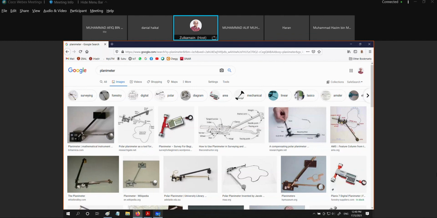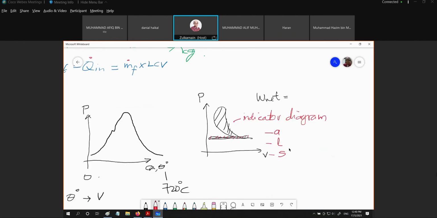From this A value and L value, the A value is usually in millimeter squared, the L usually in millimeter, and the S is usually in kPa over millimeter. So if we have A times L divided by S... oh, sorry, I think I got the wrong formula.